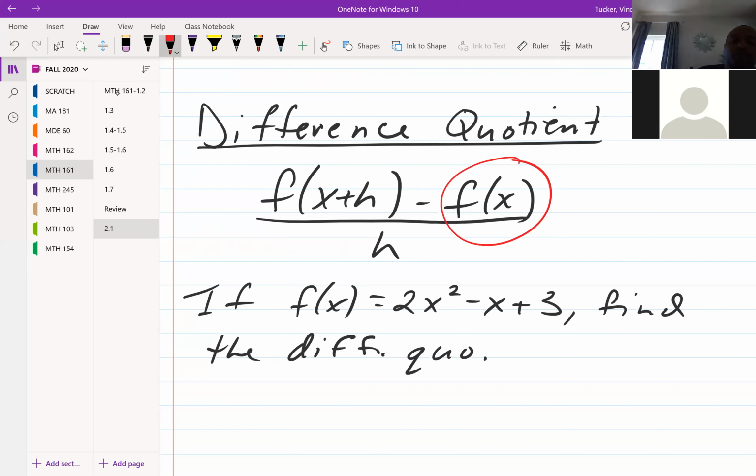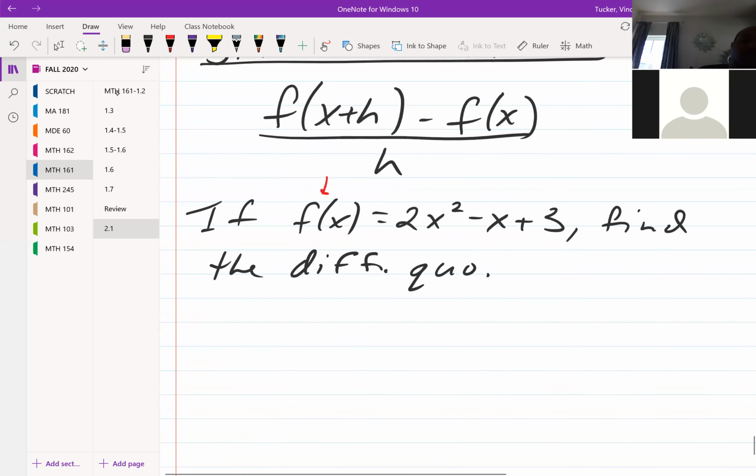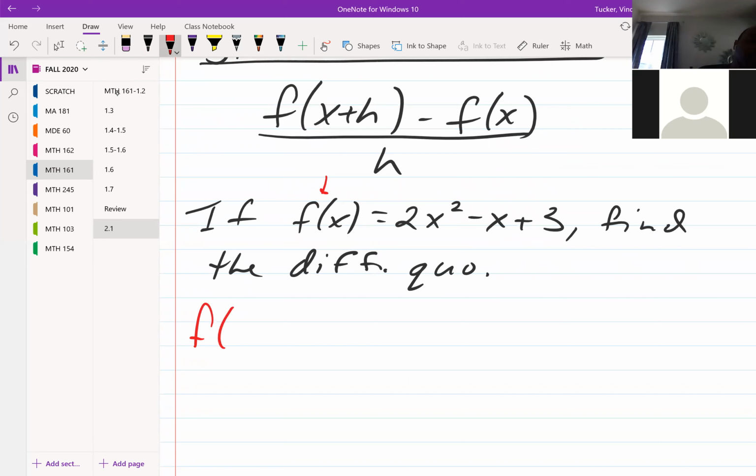We already have f of x, which is right here. What we need is f of x plus h. So let's find that by plugging in x plus h into our function. Everywhere we see x, we are going to put x plus h.